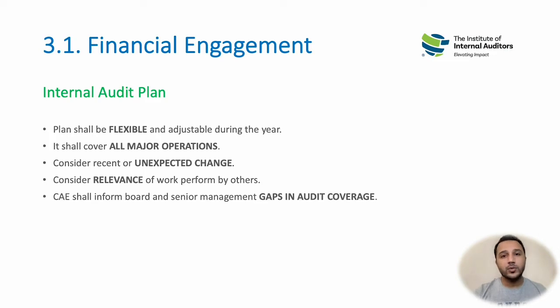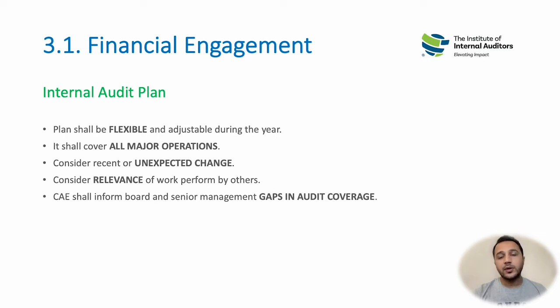There are times when the finance team is so busy that you cannot get a dedicated resource for a certain area of review. So any type of unexpected change, you should be familiar with and should be able to account for in your planning.